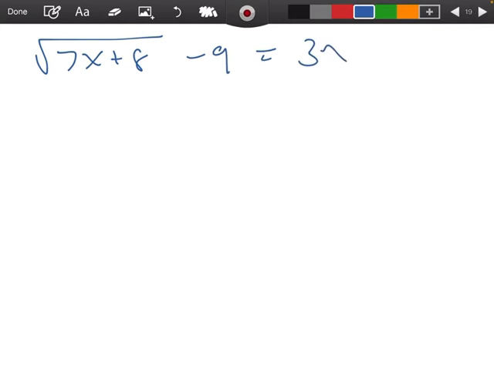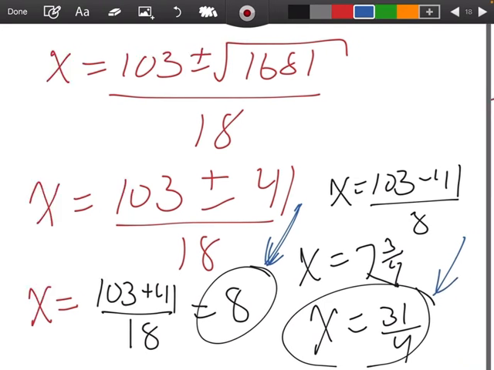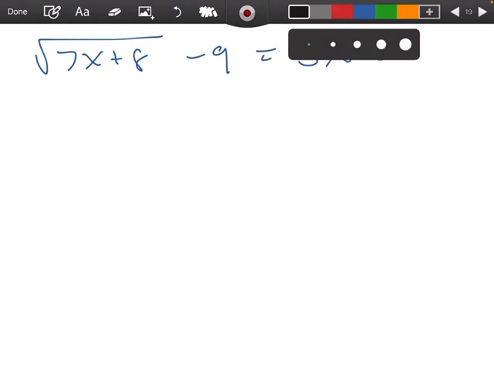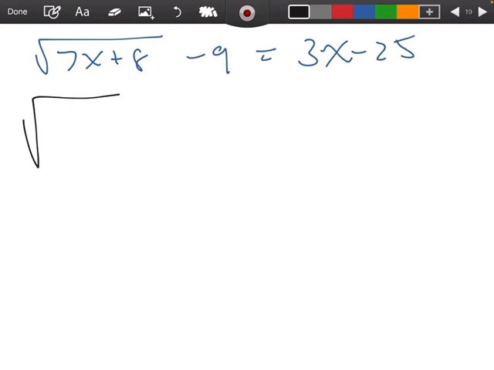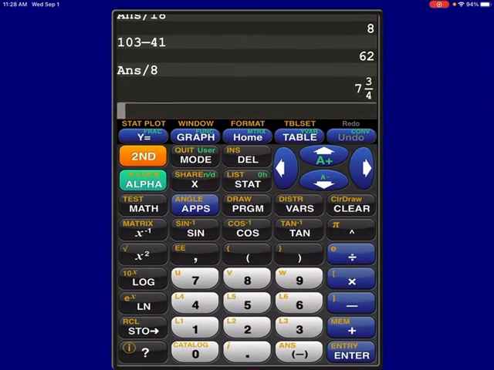And we've got to check our second answer, which is 31 over 4. Okay, so let's check that answer. 31 over 4. Okay, so let's see. 7 times 31 over 4 plus 8, minus 9. Let's do this part. So 7 times 31, 217.